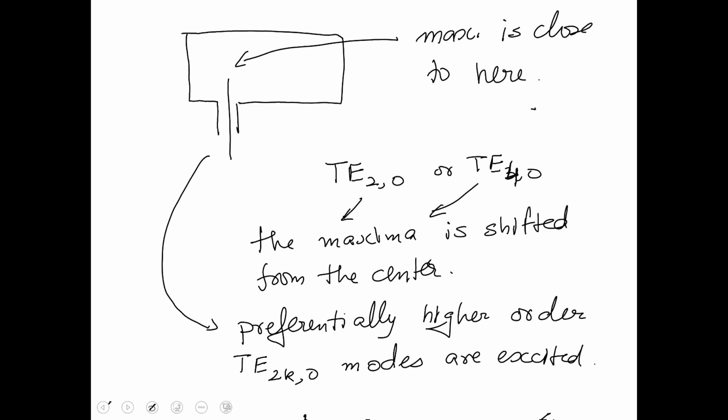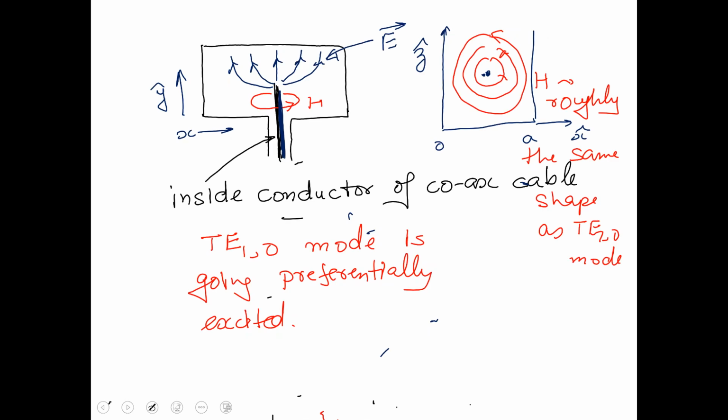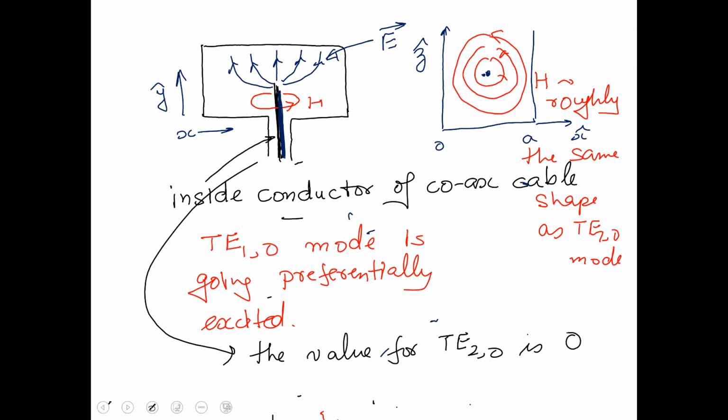So just by choosing where we are putting this in, we can preferentially excite modes. If I go back to the center, the value for the TE20 mode is 0 at the center. There is no electric field at the center.